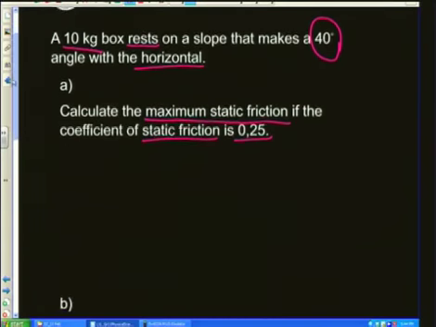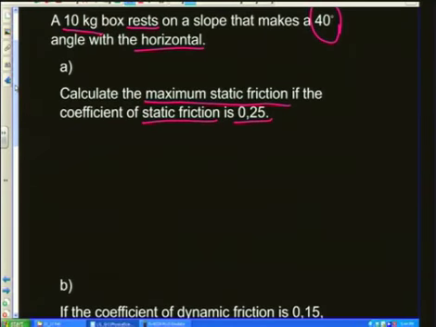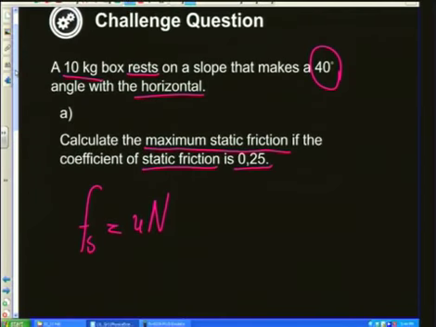Now, we need to go back to the equation for calculating static friction. Remember that static friction equals the coefficient of friction times the normal. The issue here is for us to find out what that normal is, but once we are given the mass of the object, we can easily find that.